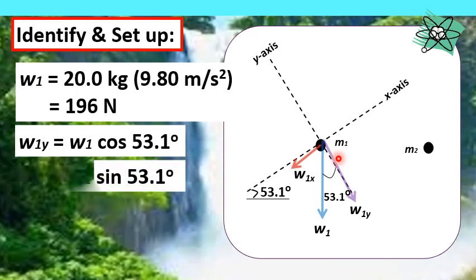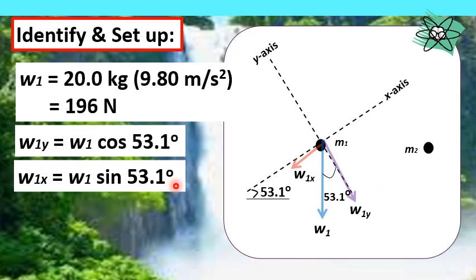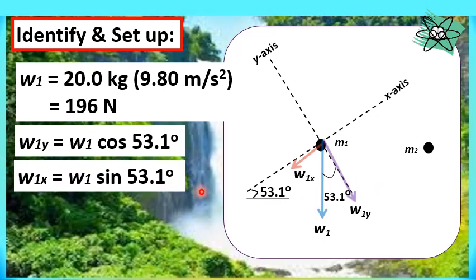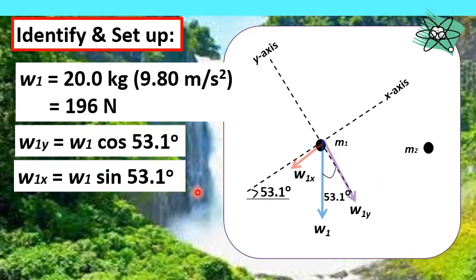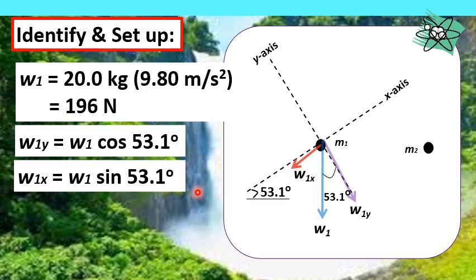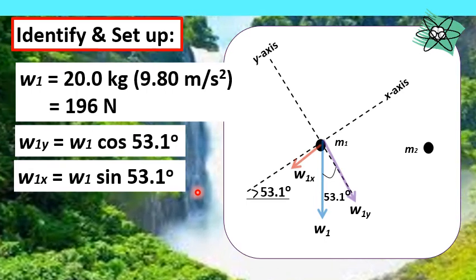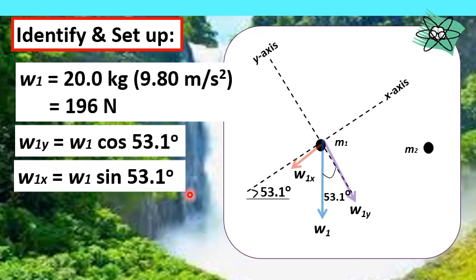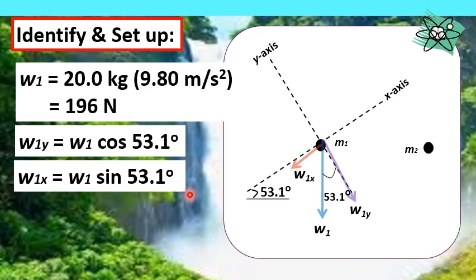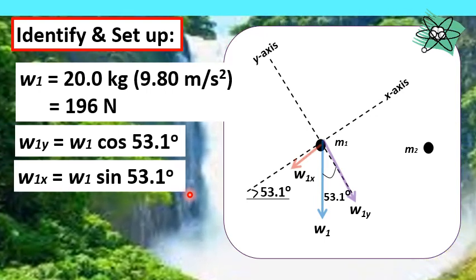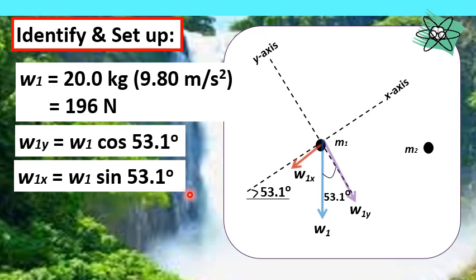We also express the x component as W1 sine 53.1 degrees. This is the component of weight 1 that tends to pull the mass M1 down the inclined plane.